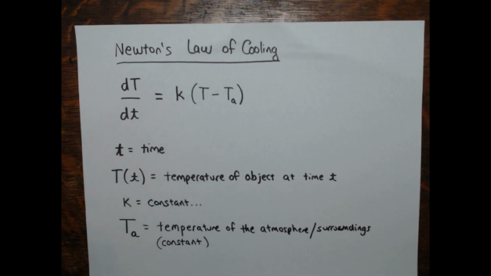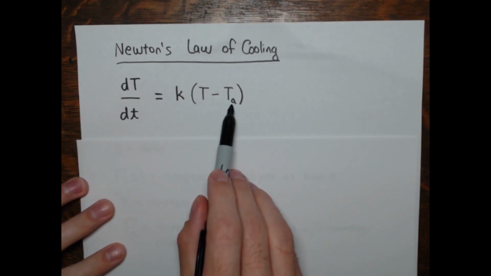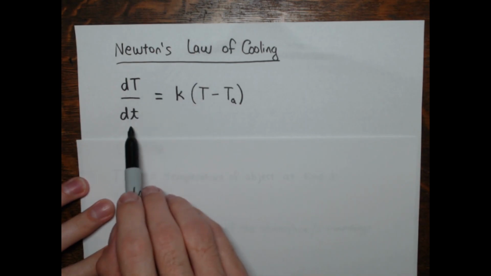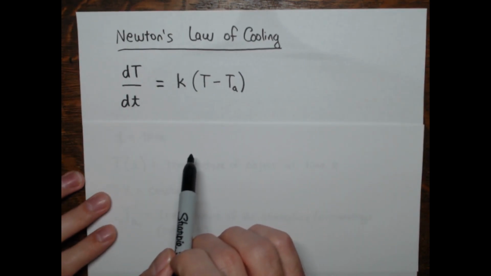All right, so I'm going to go through this like I did with the last application example. We're going to start in general and then work to specifics. So again, K here is constant, this TA is constant, so the only variable that's really being worked with here is capital T. There's also a little t, but there's nothing else really with little t in it.